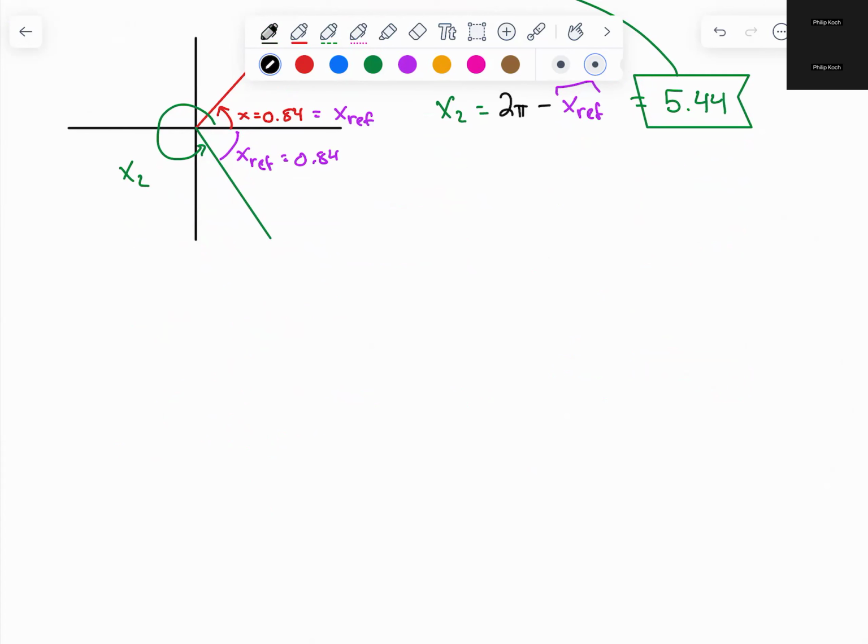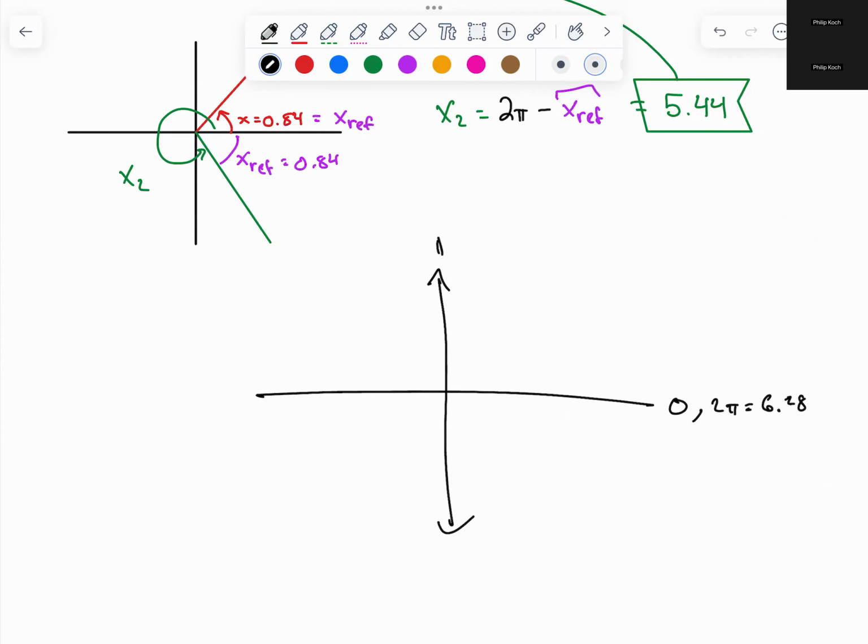This is 0 or pi or 2 pi, which is 6.28. This is pi over 2, which is approximately, if you do that in your calculator and look at the decimal version, 1.57. So I'm taking 3.14 and dividing it by 2. Your calculator will give you the exact form, so if you do pi divided by 2, it'll write pi over 2.